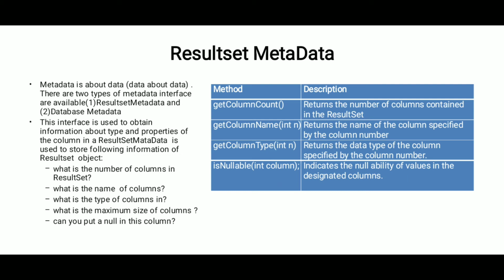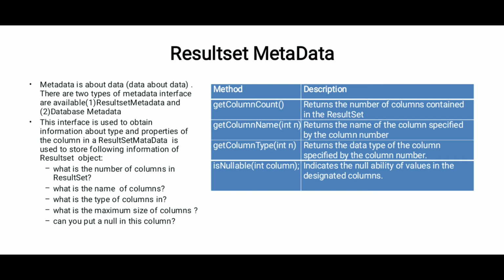Then there is getColumnType: if you want to fetch which type of data is contained in the column, using the getColumnType method you can fetch this information. In this method you also have to pass the column number, and using this column number the method fetches which type of data is stored.